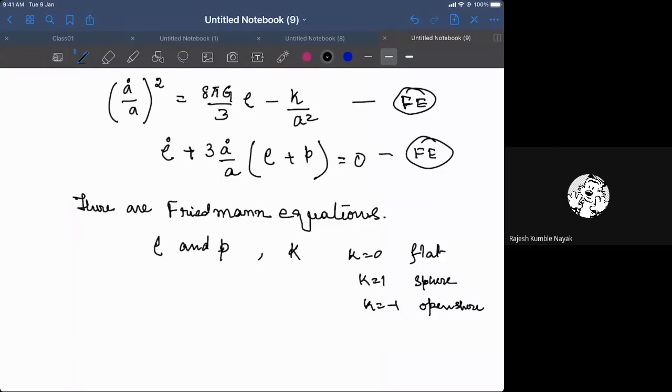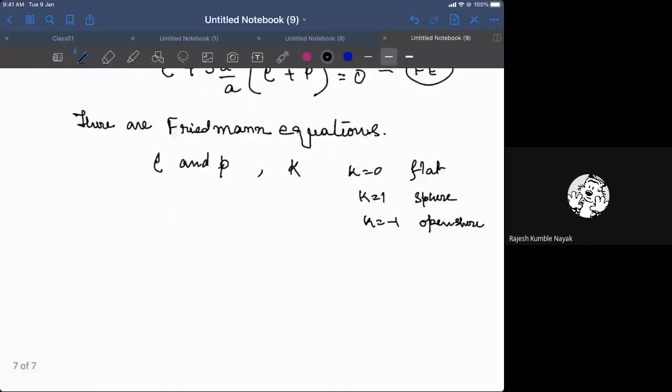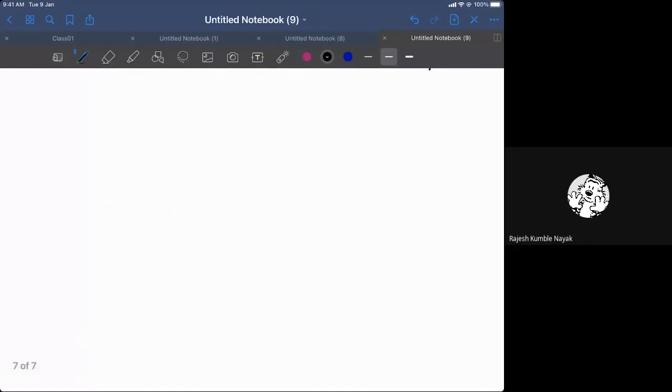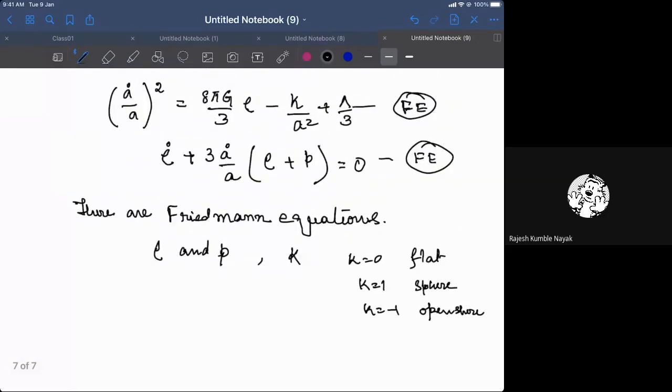You can simply add it here as lambda by 3, where lambda is the cosmological constant. Let's currently not worry about the cosmological constant. We will look at this equation a little bit more carefully, leaving off the cosmological constant.